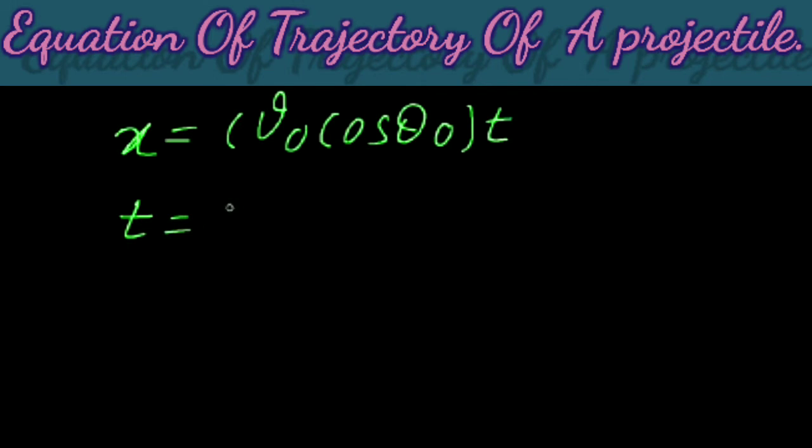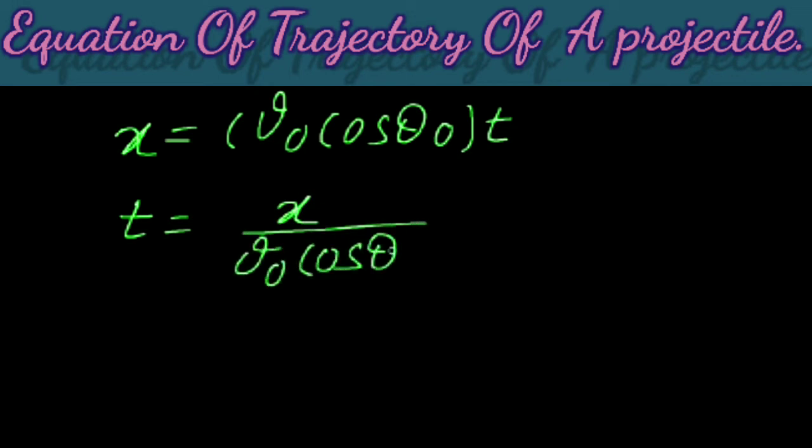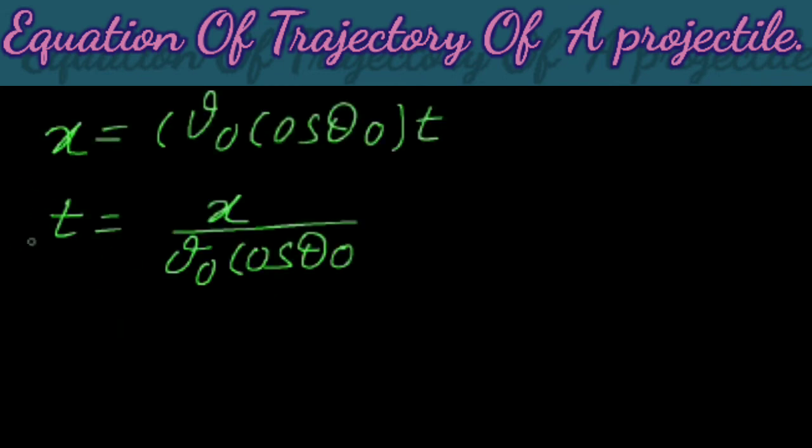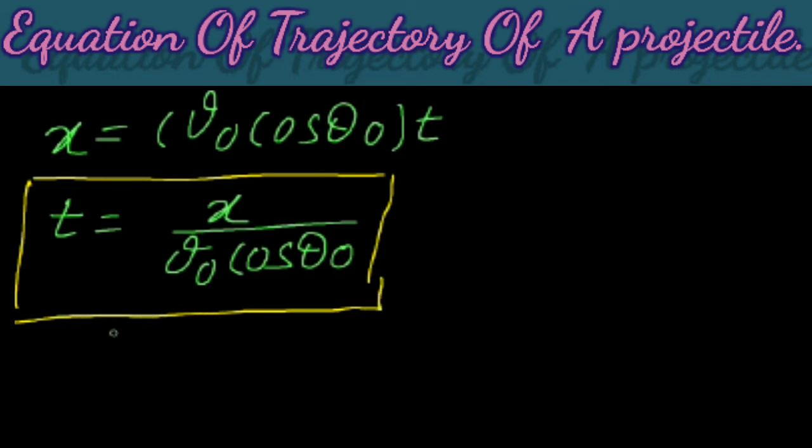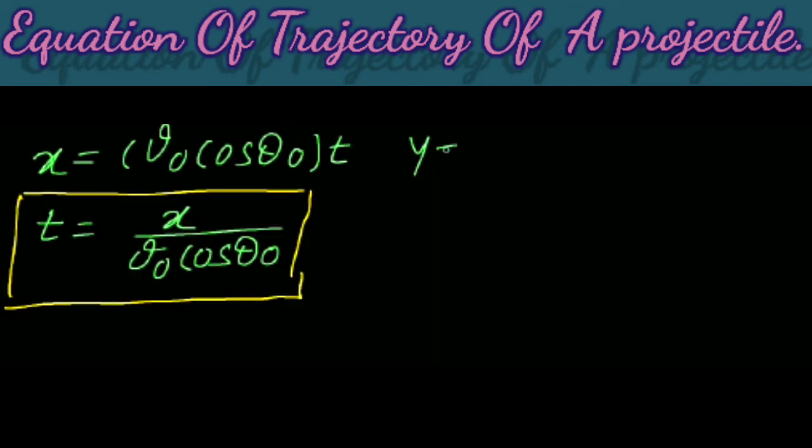In this equation we have to make time the subject. So t equals x upon v_0 cos θ_0, since v_0 cos θ_0 goes into the denominator. Now we can find the equation of trajectory from this equation of time.